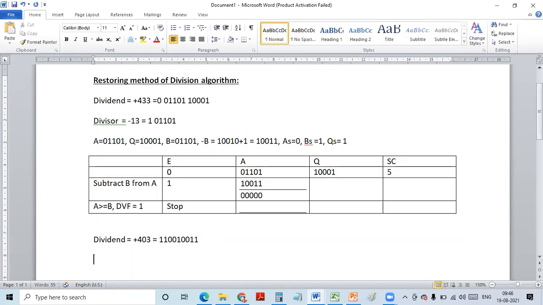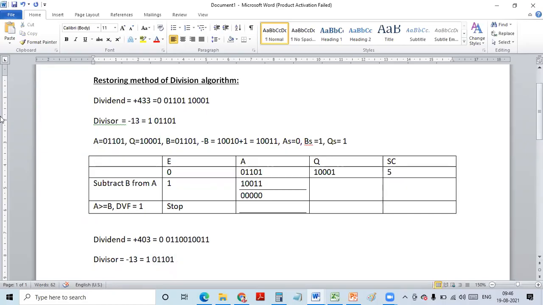Take the divisor the same, minus 13, so minus magnitude 0, 1, 1, 0, 1, in sign magnitude form. Since the dividend is of 9-bit length, I should take 5 bits minimum, and here 5 bits. This gives you the valid dividend and the valid divisor.